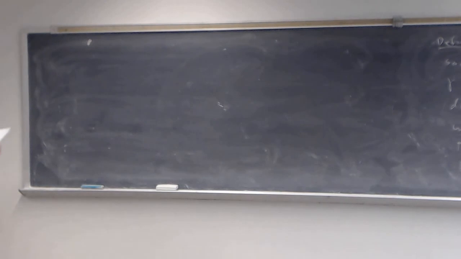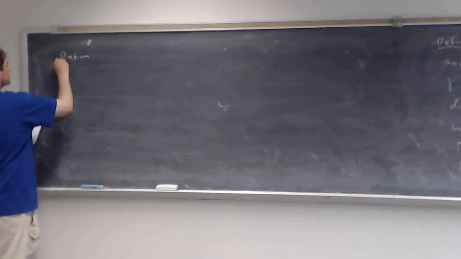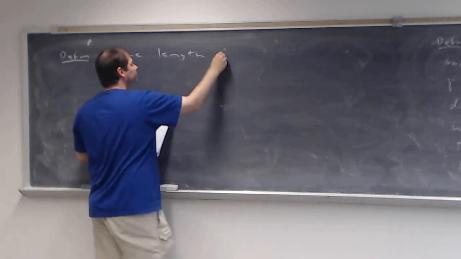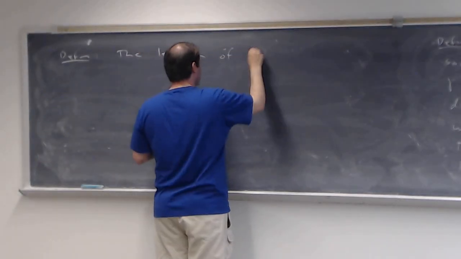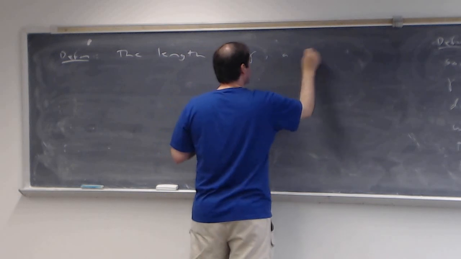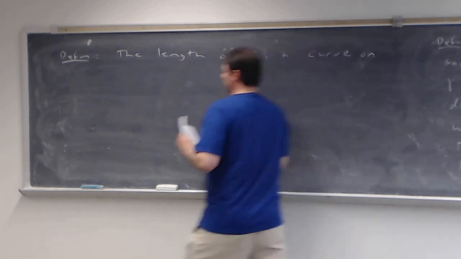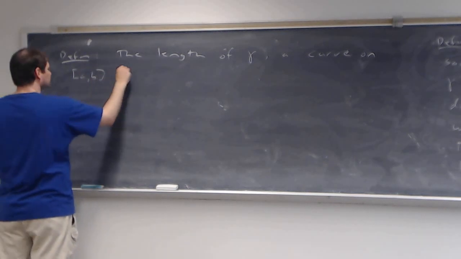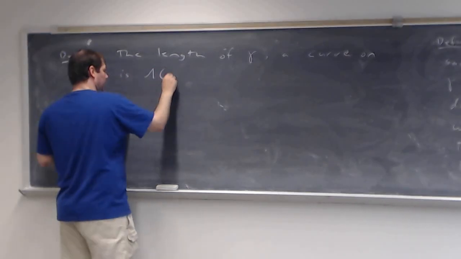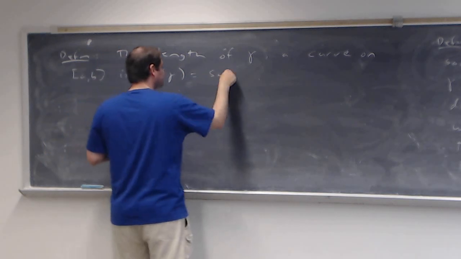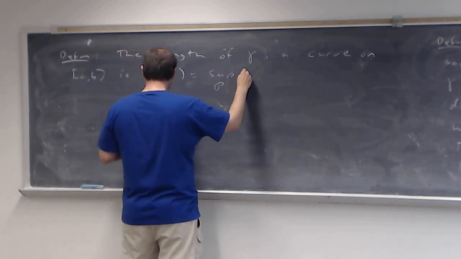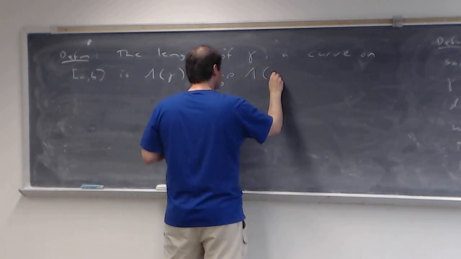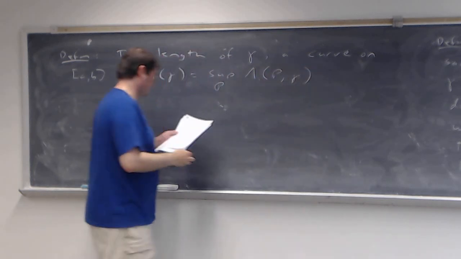We next make two definitions. The length of gamma, a curve on a to b, is lambda of gamma, which equals the sup over all partitions of this lambda of P gamma, which we just previously defined.